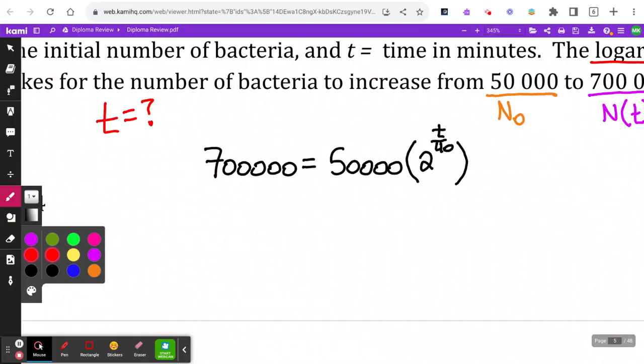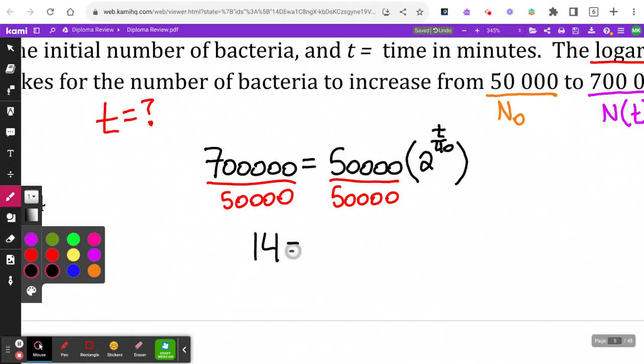I can't turn that into a log right now because of the 50,000. So I divide that 50,000 to the other side. That should be a pretty nice number. 14? So I have that now. I can turn that into a log.